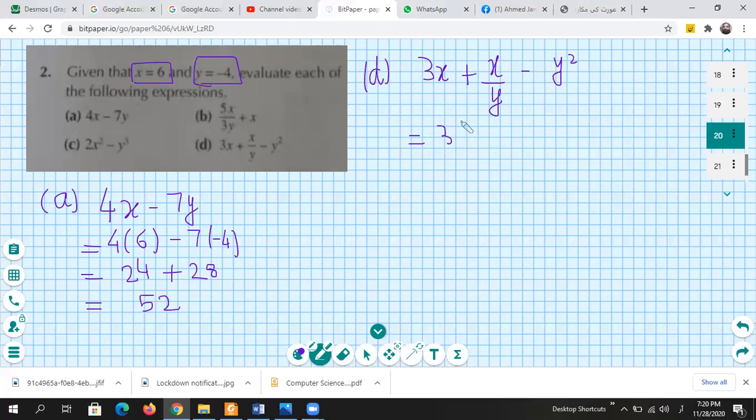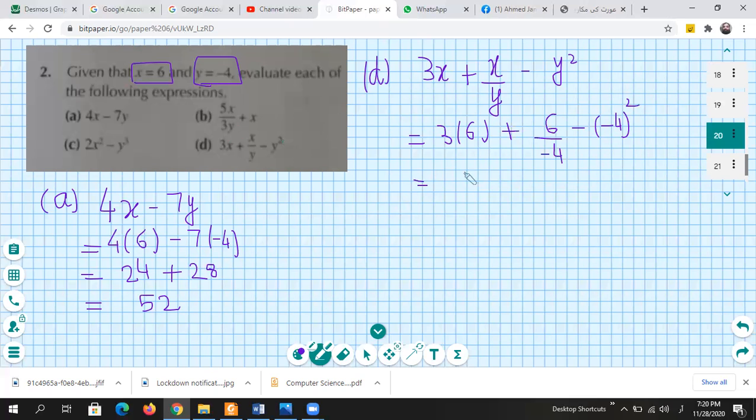So 3 as it is, whereas x is 6, and then plus x over y. So x over y is 6 over -4. Similarly, minus y square. Y square means -4 whole square.